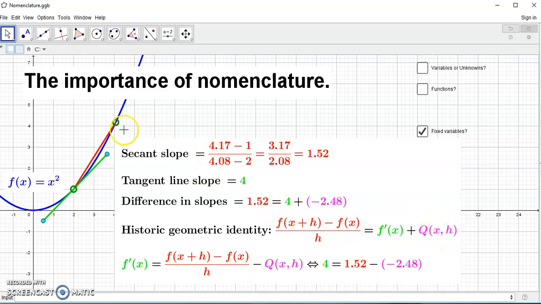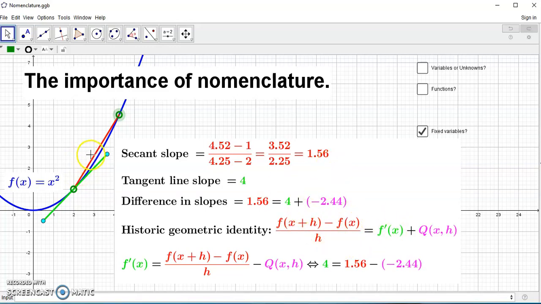Okay, so if you move this point here of the non-parallel secant line, because this red value here is the gradient or the slope of the red secant line, 4 is the slope of the tangent line. Okay, so if you vary any of those, then they must satisfy this equation.